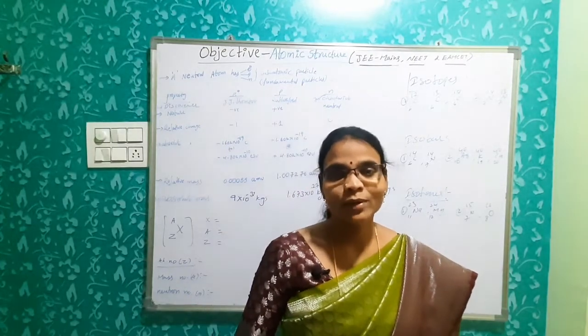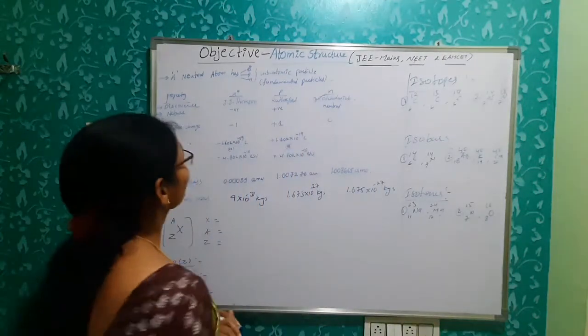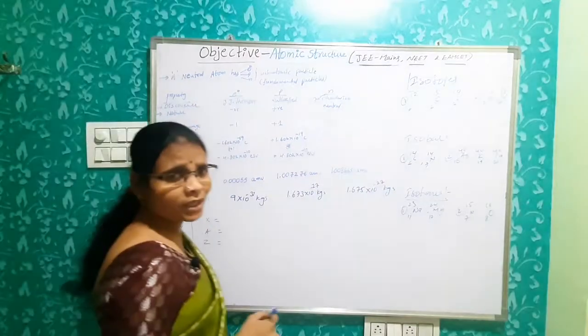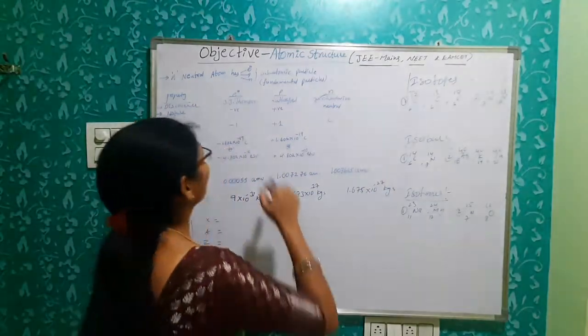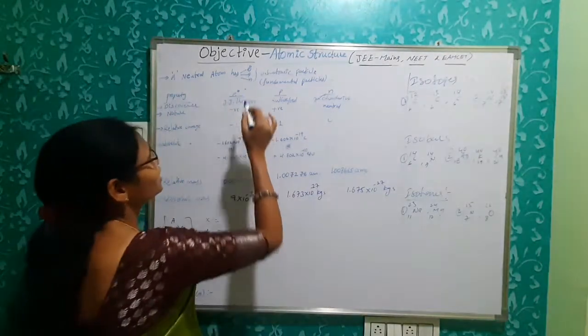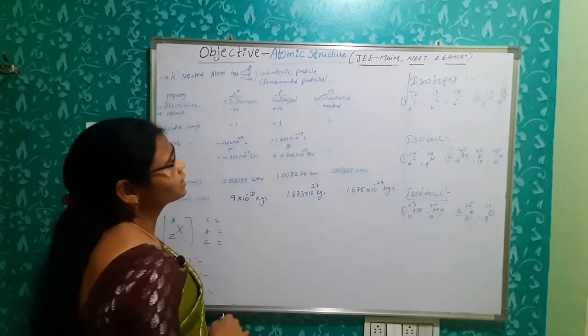First of all, let's see some important points from atomic structure. Okay, let's start. A neutral atom except hydrogen has electrons, protons, and neutrons. These electrons, protons, and neutrons are called subatomic particles.